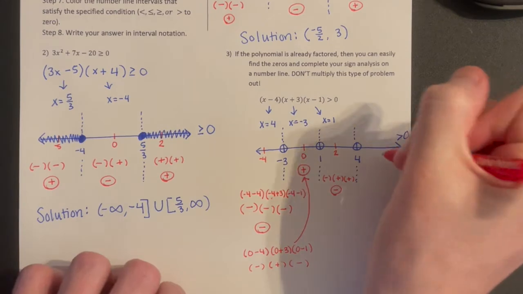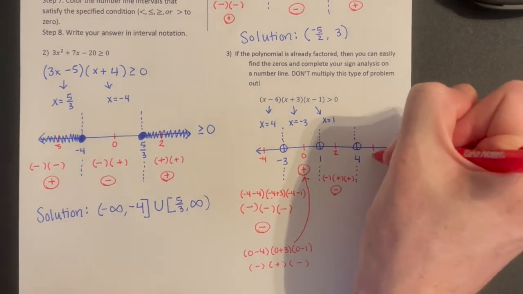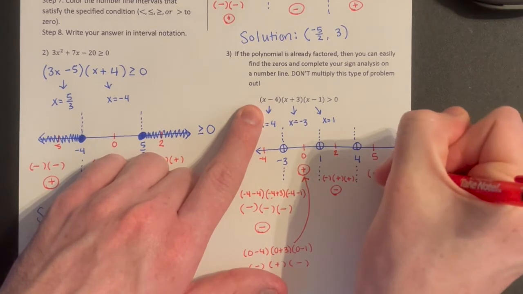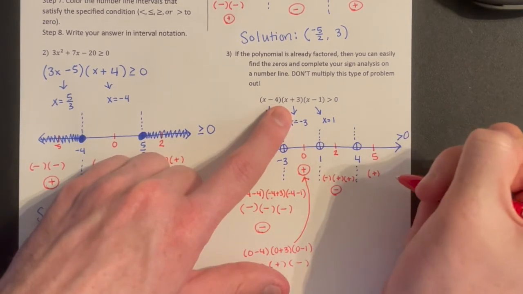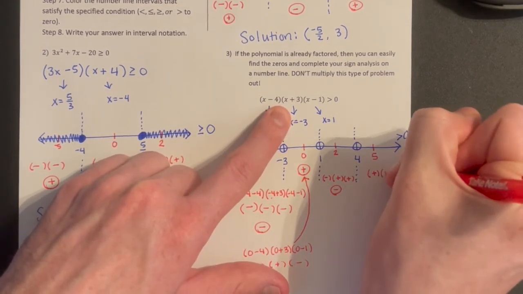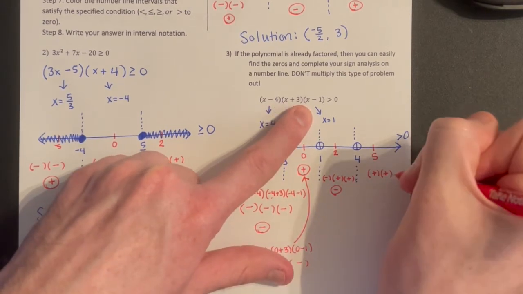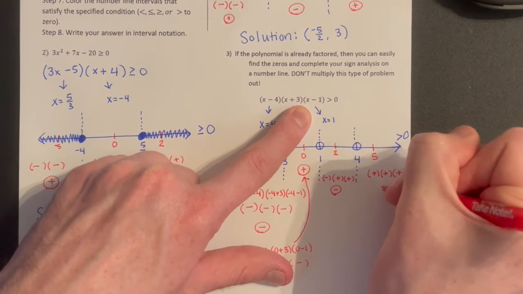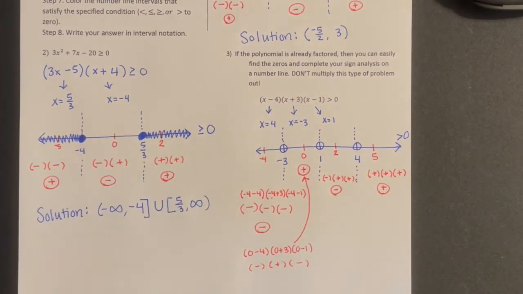And then lastly, pick a value to the right of 4, like 5. And we test it out. So 5 minus 4 is positive. 5 plus 3 is positive. 5 minus 1 is still positive. All that multiplied together is going to still give me a positive value.